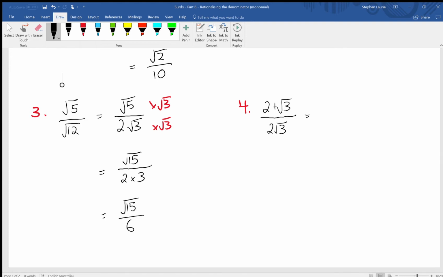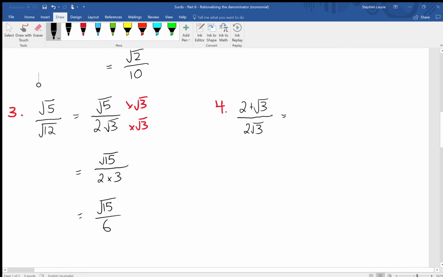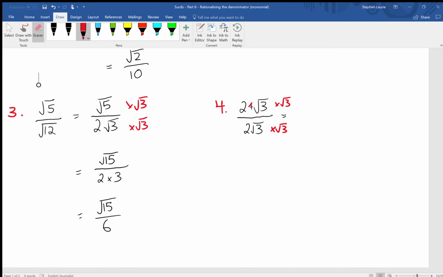Alright, we are going to multiply by the square root of 3. Multiplied by the square root of 3, multiplied by the square root of 3. Alright, we have to make sure that on the top we multiply the square root of 3 by both terms.